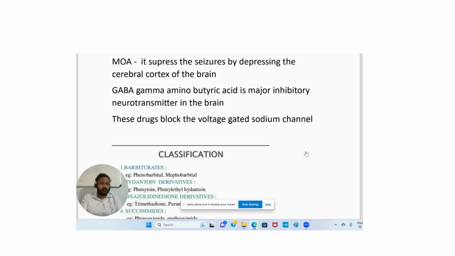block the conduction of the neuron, because epilepsy is associated with the excessive firing of the neuron, which is totally uncontrolled. That gives the uncontrolled movement of muscles, and it produces jerking and trembling of the body parts, and it is not in control.